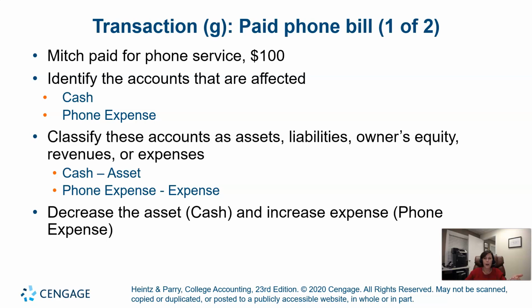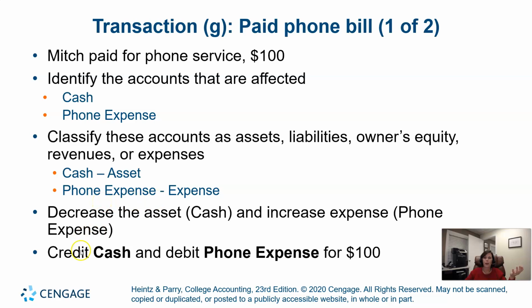Our cash went down as a result of paying our bill, and we had an increase in phone expense that we're going to record. And we know that cash goes down with a credit entry, and phone expense goes up with a debit entry.